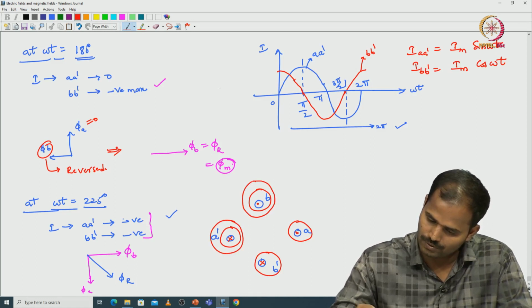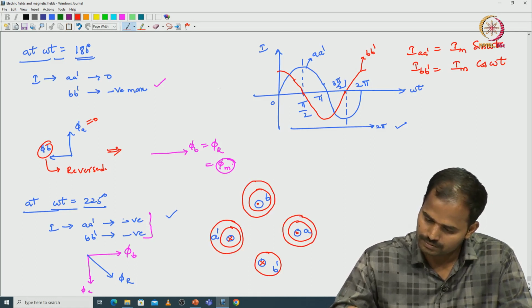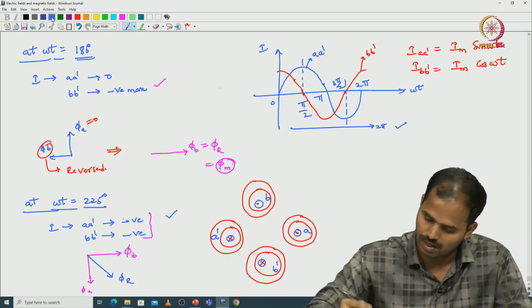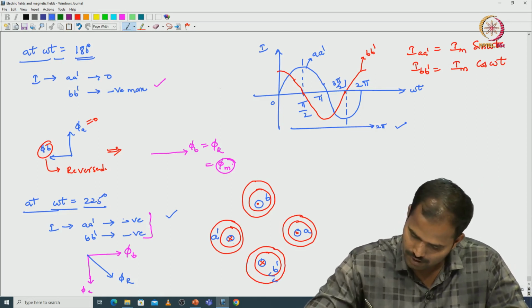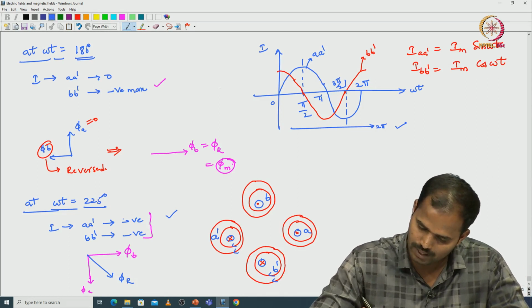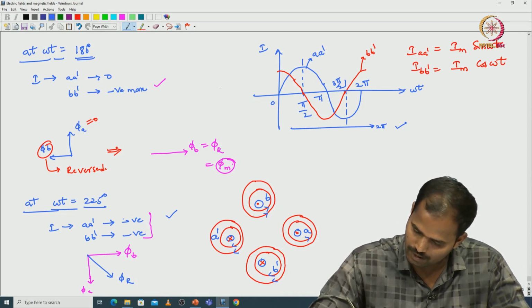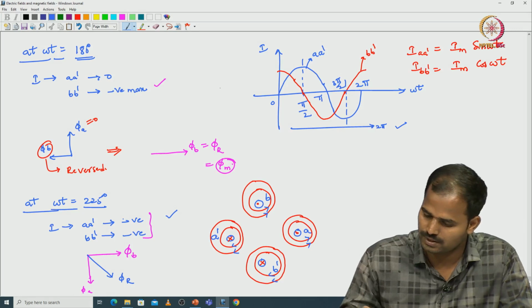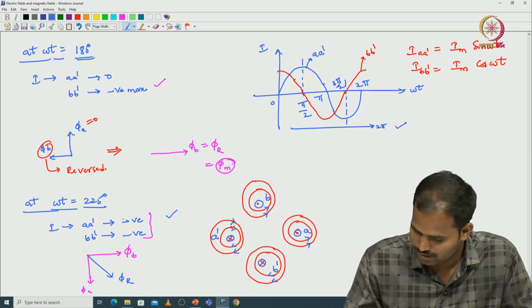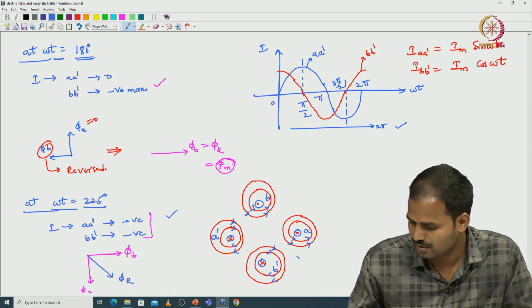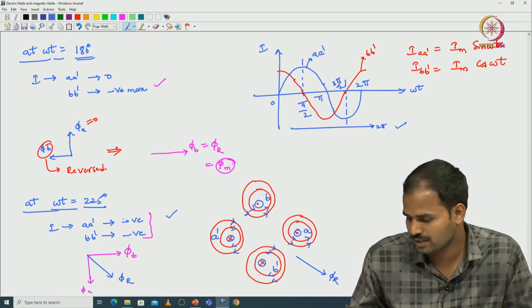For dot we have to consider the anti-clockwise manner, for cross clockwise manner. For cross I am considering clockwise like this, and for dot anti-clockwise. So, the resultant flux direction we can see. Okay. So, the resultant flux will be in this direction.